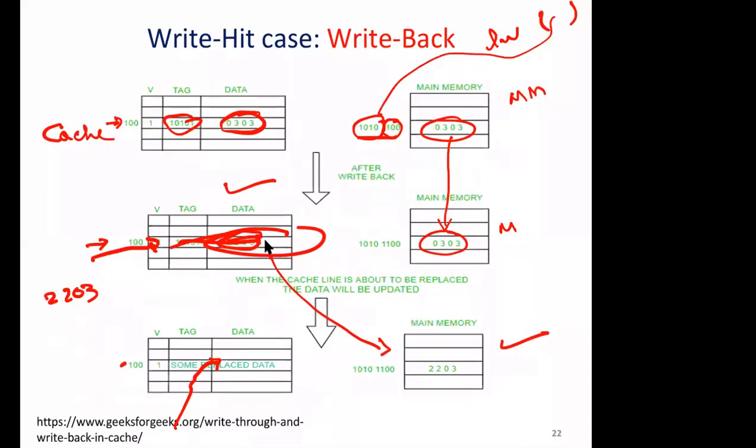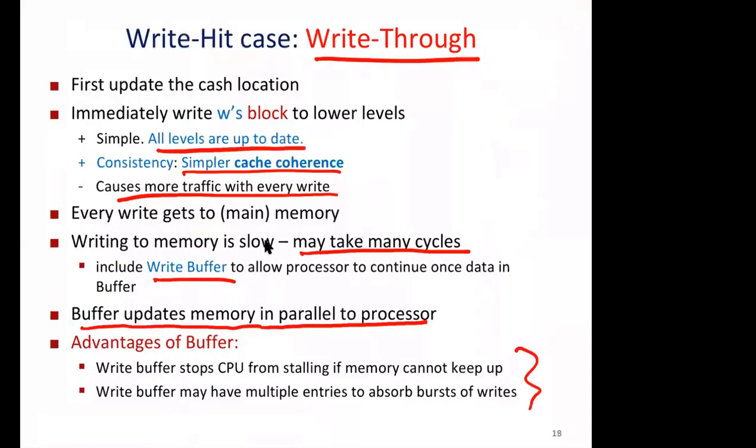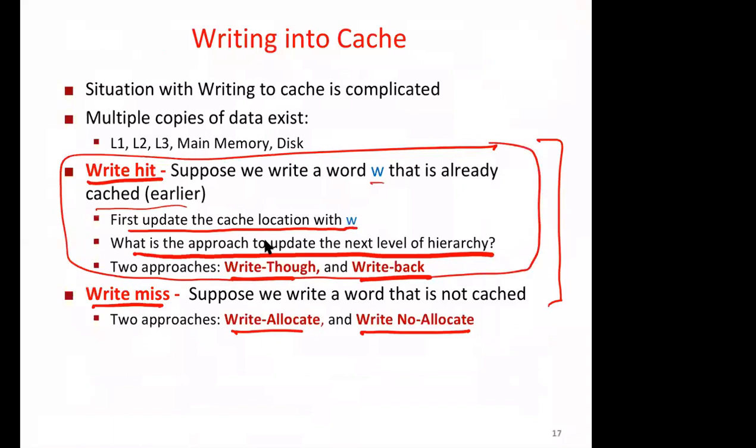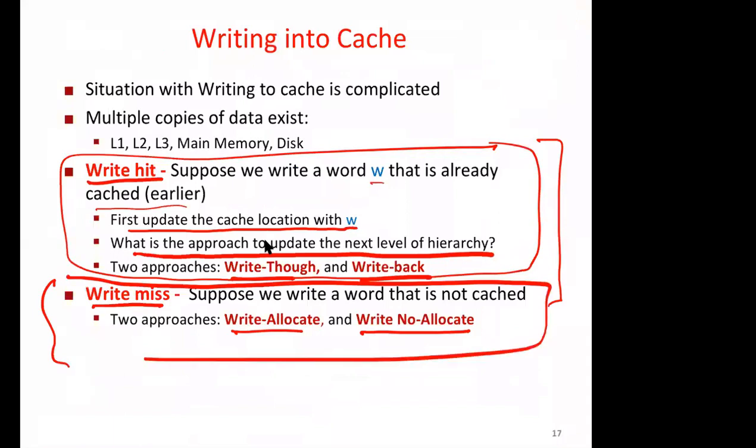Now we have write miss cases. We have studied write hit now. It means that something we wanted to write is already there, that particular block is already in memory. The second one is write miss. It means we want to write a word, and the block corresponding to the word is not available in cache.